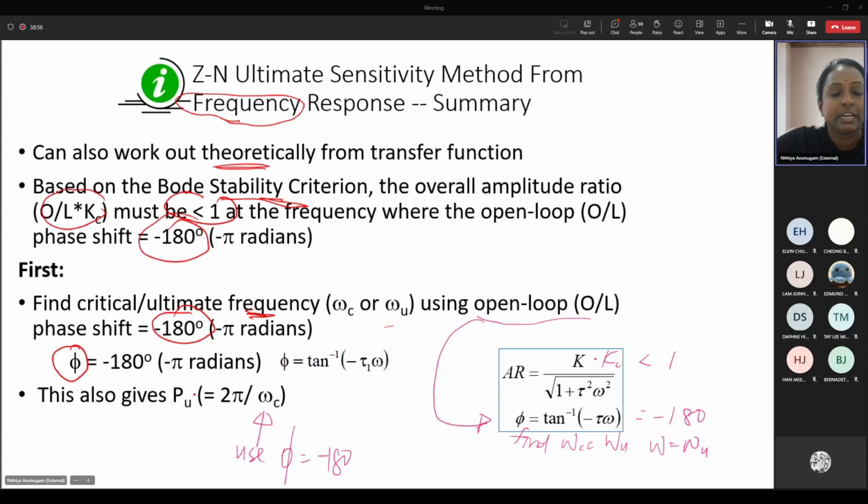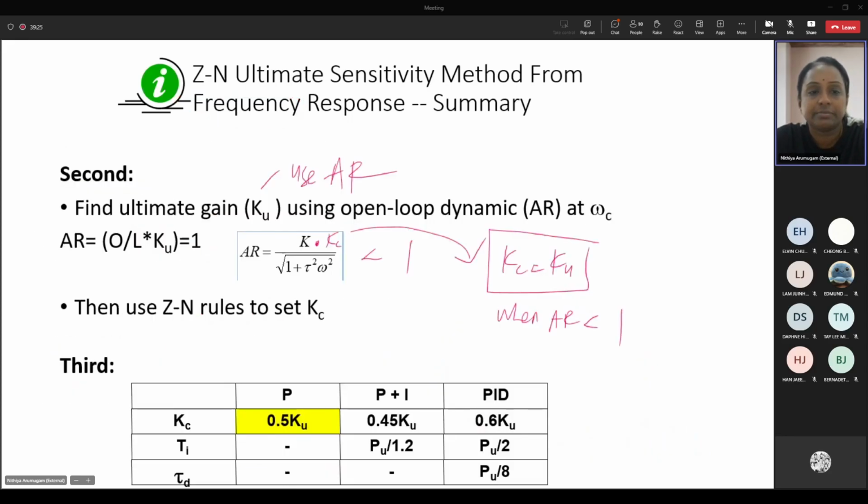From there, I can calculate the Pu, the ultimate period, by using 2 pi over the critical frequency. So use the phase angle of negative 180 to calculate the critical frequency, and then we can solve the entire equation. That is the first step.